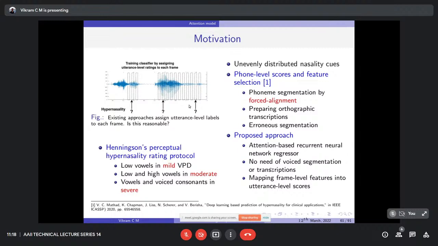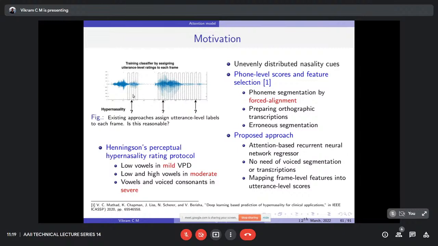But most of the time, not every frame-level acoustic cue carries pathological information. Very few frames carry the pathological condition of the speech signal. That's why we can develop an alternative approach to handle this difficulty in the data.